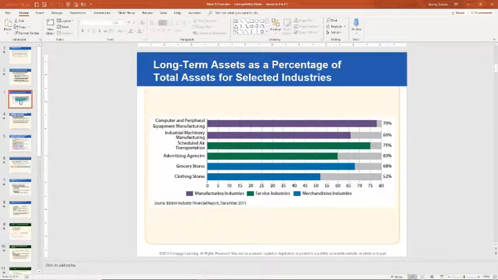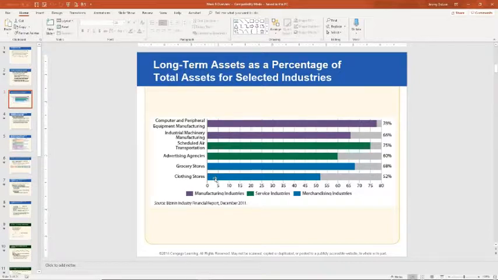Here's an example, a chart of the percentage of long-term assets that are part of many companies on their balance sheets. For example, if you look at all the assets on the balance sheet in a computer and peripheral manufacturing company, like printers and that sort of thing, you're going to find that almost 80% of the assets are long-term assets, compared to, say, a clothing store or something like that.